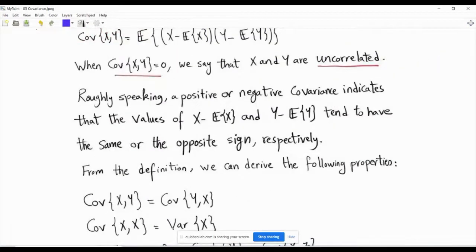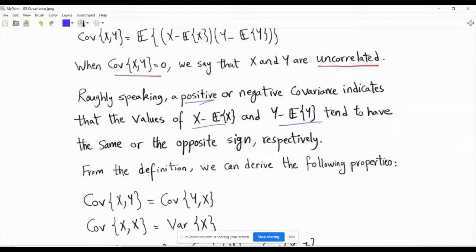Covariance is a measure, so how do we assign meaning to it? One way of understanding covariance is this: if you have positive covariance, there is a tendency that if x is above its mean, y will also be above its mean, and if x is below its mean, then y will be below its mean.